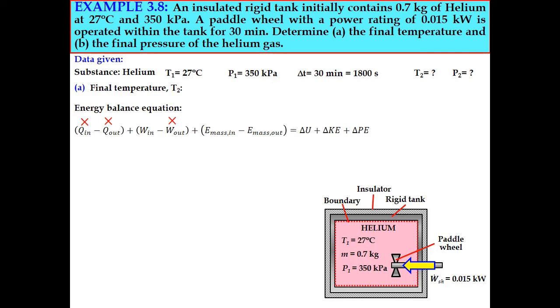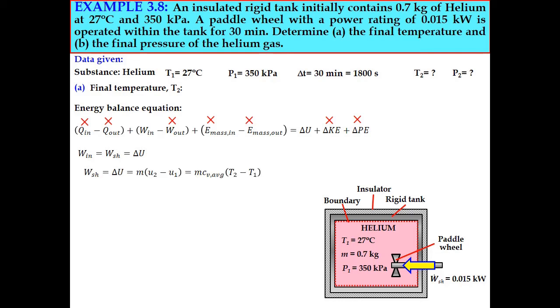We have W in due to the work into the paddle wheel. We don't have any W out, and no mass in or mass out because this is a closed system, and we don't have any delta KE or delta PE due to the stationary system. So the remaining term is W in equal to delta U, where W in in this case is shaft work.